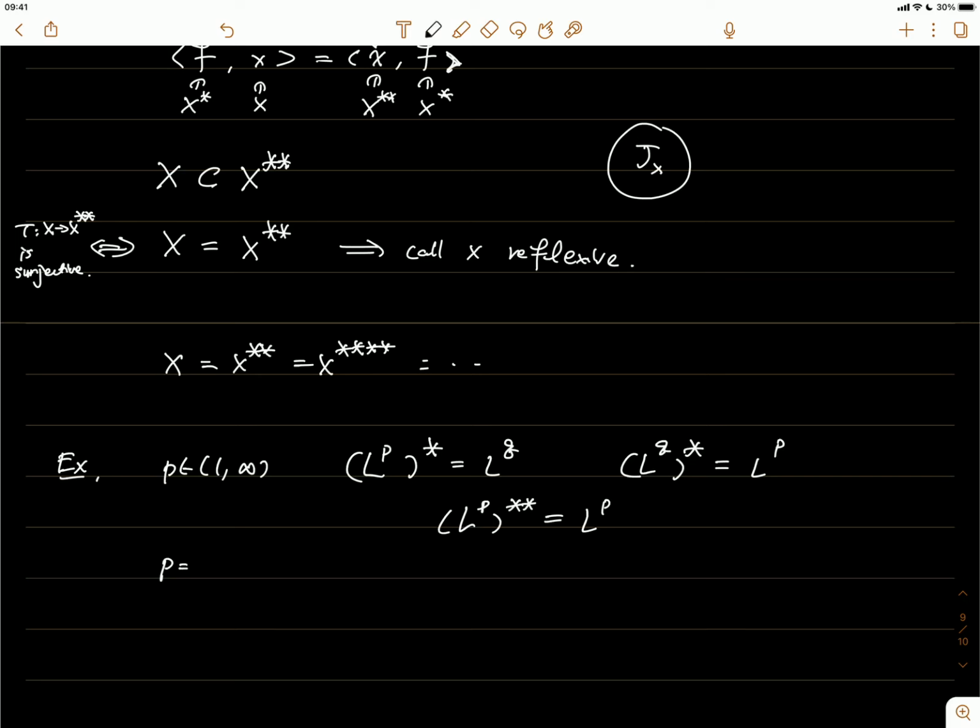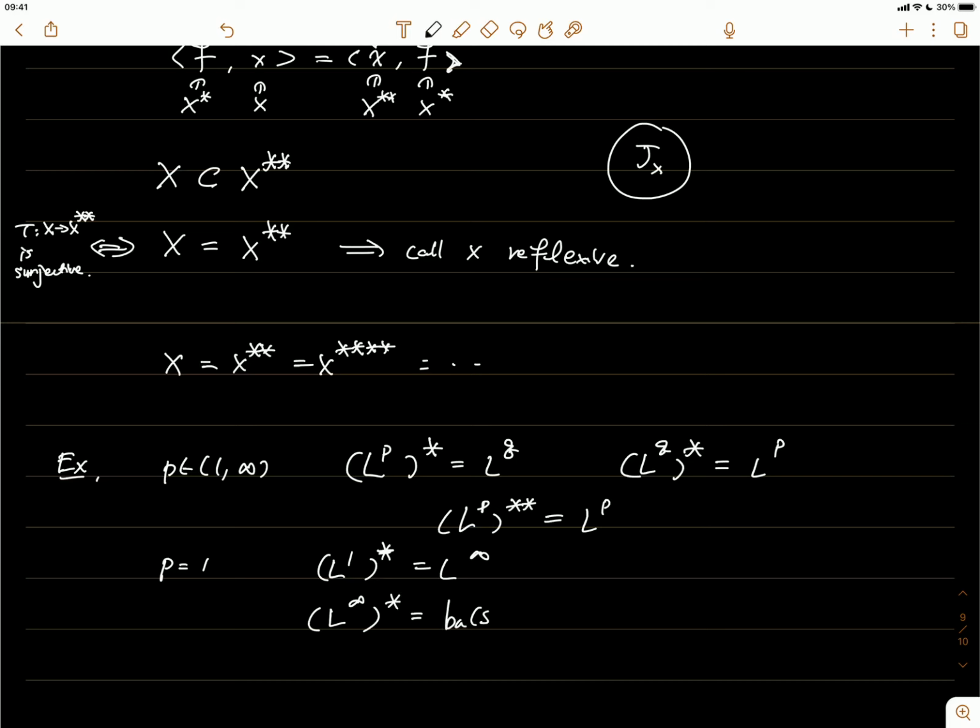So for example, when P is equal to 1, we know that the dual space of L1 is L infinity, but the dual space of L infinity is not L1. Okay, it's a set of measures.